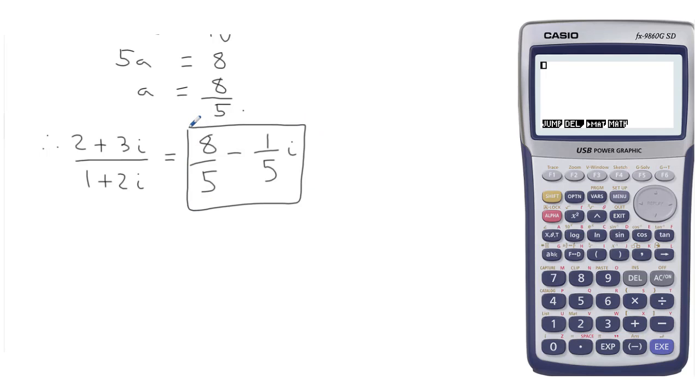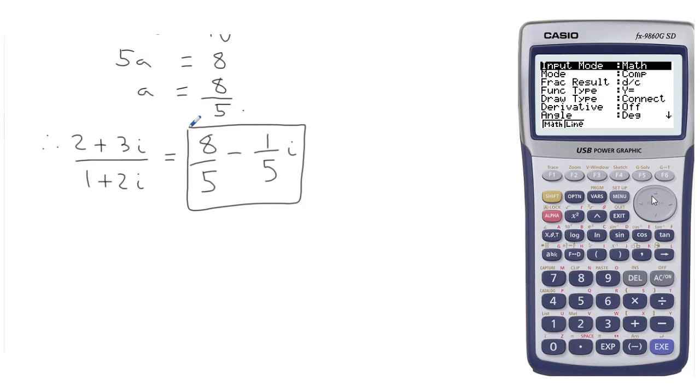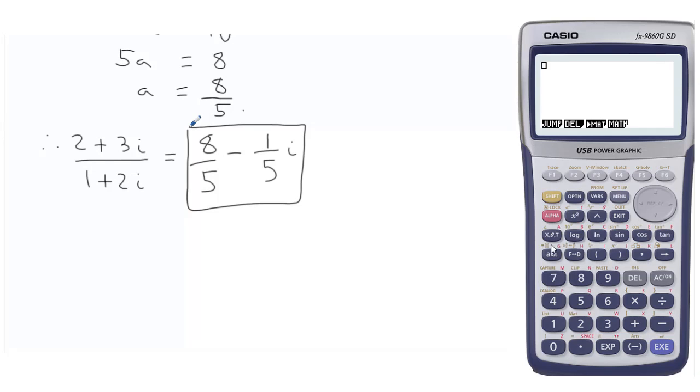We can check that using a calculator. Make sure you're in the right mode. Go to the Shift menu and down to complex mode. I'm already in a plus bi, so that's fine. It's very unlikely you'd be in that mode usually, you'd normally be in real. So make sure it's in a plus bi, and then type it in: 2 plus 3i.